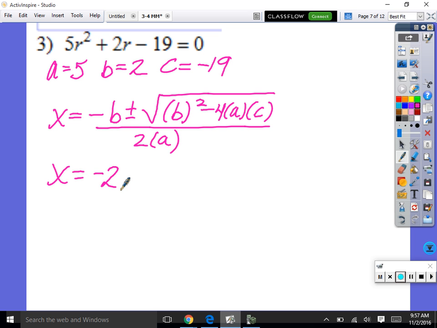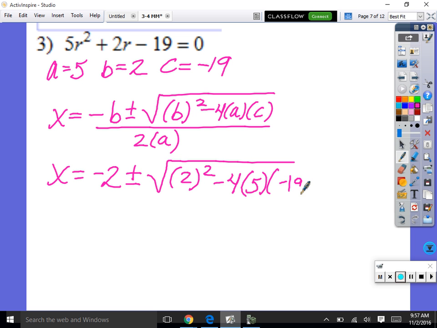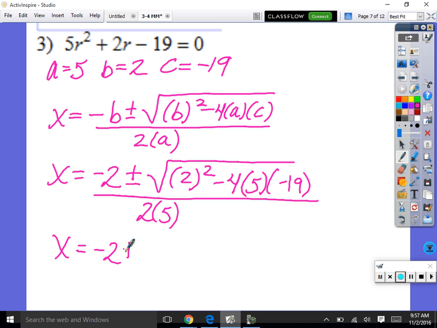So opposite of b would be negative 2 plus or minus the square root of 2 squared. B squared is 2 squared minus 4 times a, which is 5, times c, which is negative 19. And that's all over 2 times a, so that'd be 2 times 5. So we have x is equal to negative 2 plus or minus the square root.